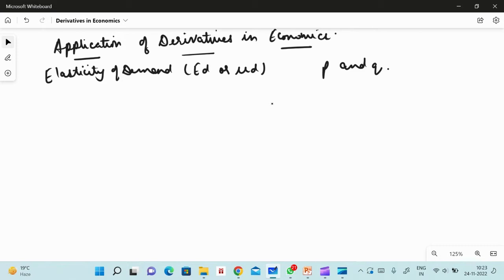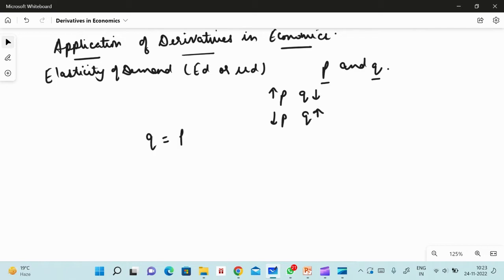So according to this law, there is an inverse relationship between price and quantity. That is, with the increase in price, the quantity demanded will go down, and with the decrease in price, there is an increase in quantity demanded.